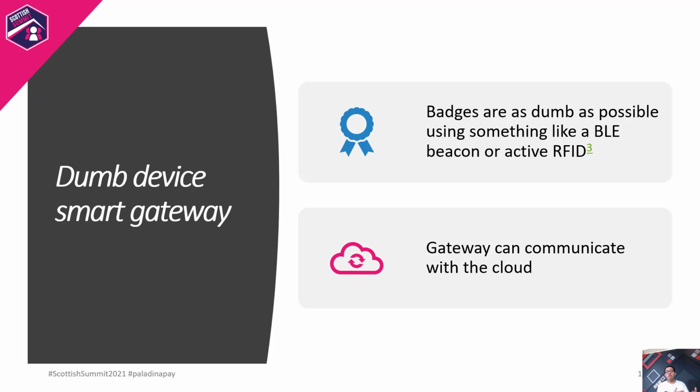As long as that signal has a payload of information for that beacon's location, how close it is to a gateway and how close it is to a nearby beacon, that should be good enough. Here I'm using beacon, badge, and smart badge interchangeably in my presentation because that's what I call it.